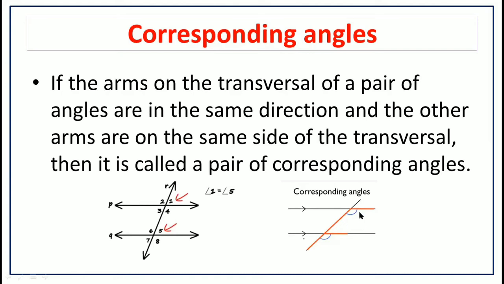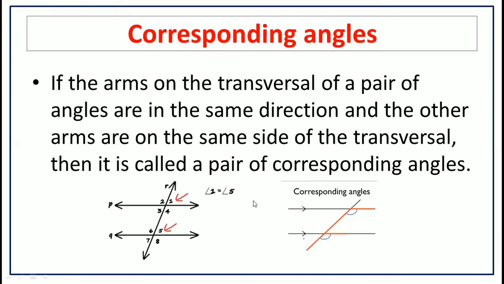For example, angle 1 corresponds to angle 5. Suppose you name one angle RMQ, that is one corresponding angle, and its pair is, suppose I name it 5, that is RMP. That is one example of corresponding angles.